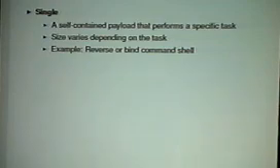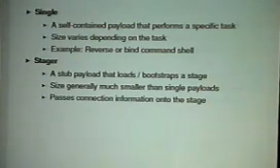It's all one contiguous set of bytes that performs this single task, or maybe multiple tasks. This is probably what most people are familiar with. If you see a big shellcode blob in a C exploit, this is going to be a single payload. Everything's all-inclusive. Maybe it gets encoded, but it's still just one. It's definitely the most common.